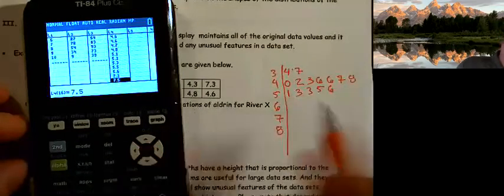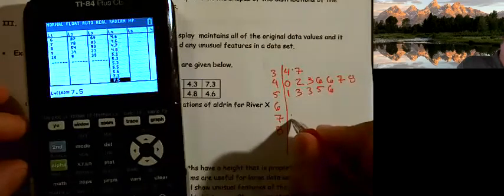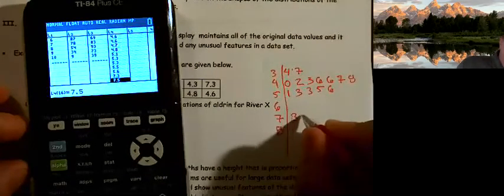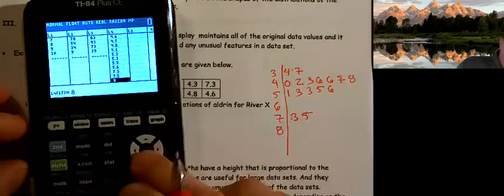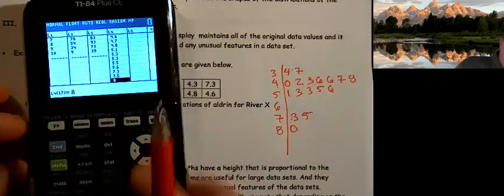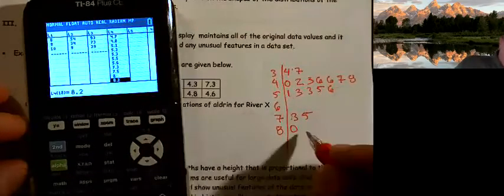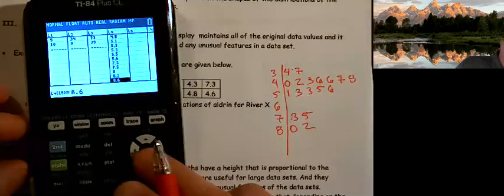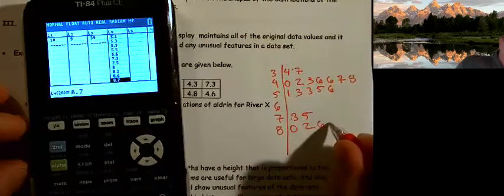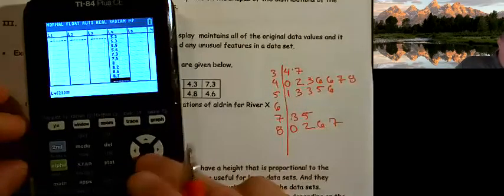Then I have a 7.3, a 7.5, an 8, again, because it must be 8.0, an 8.2, an 8.6, an 8.7, and I think that's it.